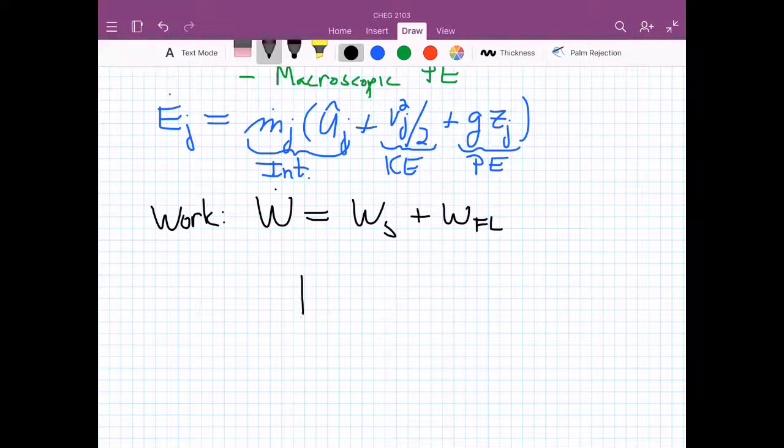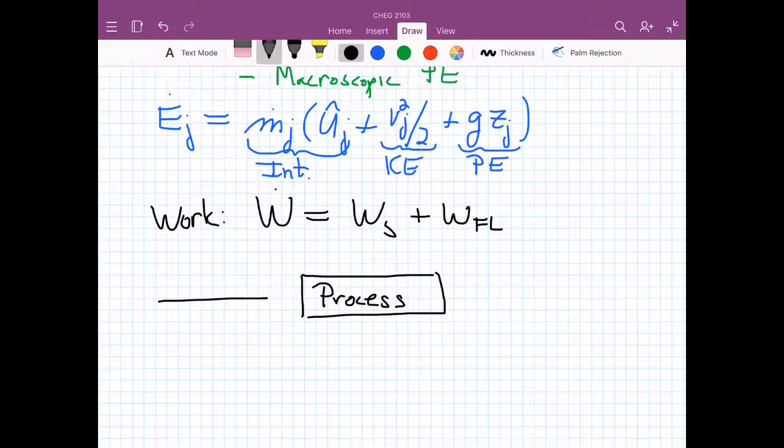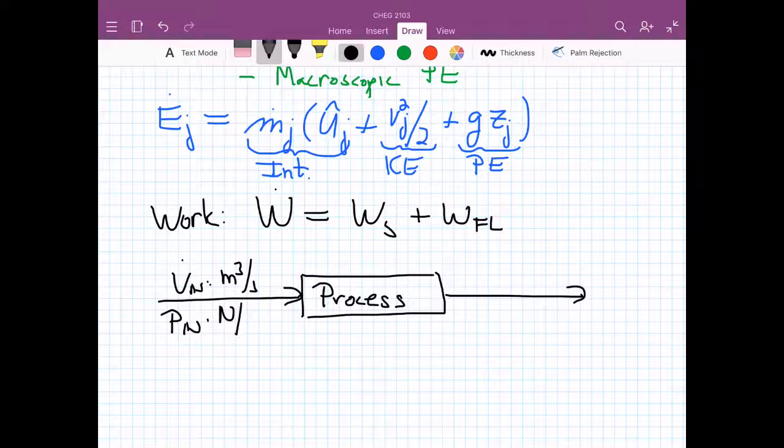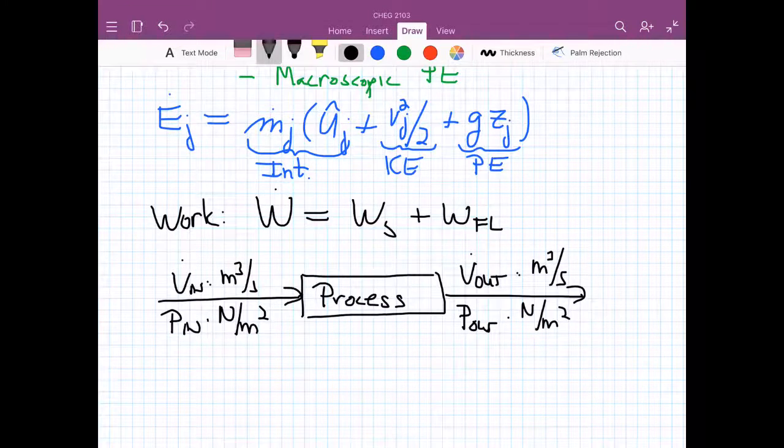So if I consider the flow work for a minute, I have a process here, and I've got V in meters cubed per second, and I've got a pressure in newtons per meter squared. And then I've got on the other side of the process V out, again in cubic meters per second, and a pressure out in newtons per meter squared.